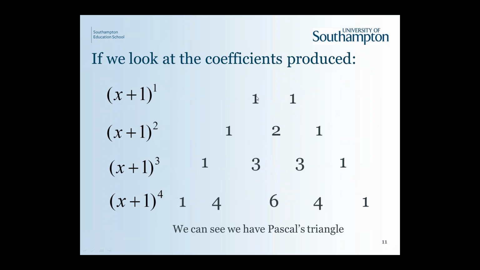For example, here, anything choose 0 gives you a 1. Let's look at this one: 2 choose 0, 2 choose 1, 2 choose 2. So anything choose 0 or choose itself is what gives the 1s. So in terms of generating it, you've got to remember the 0 term.